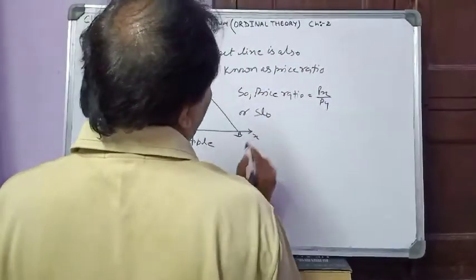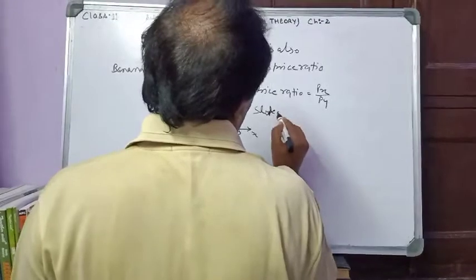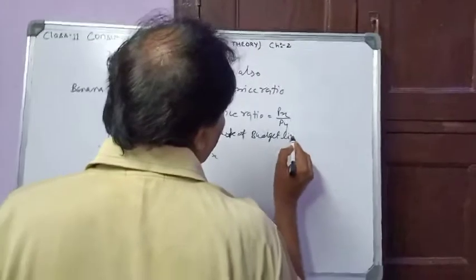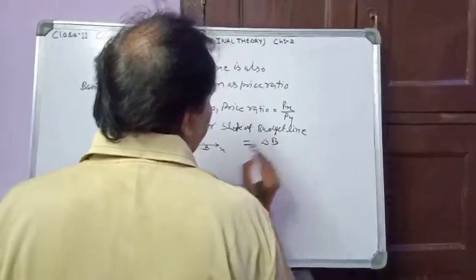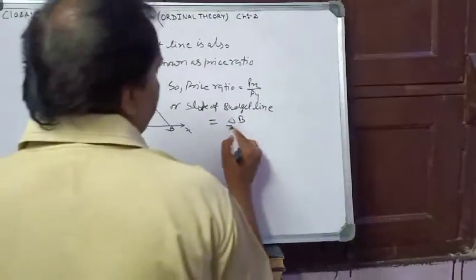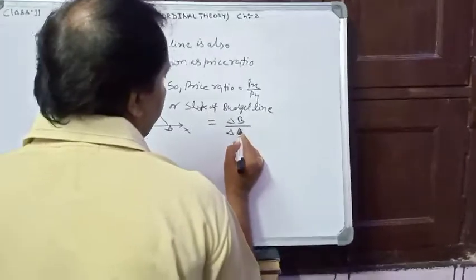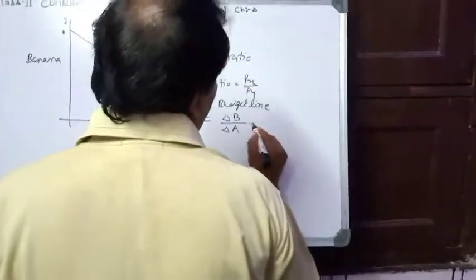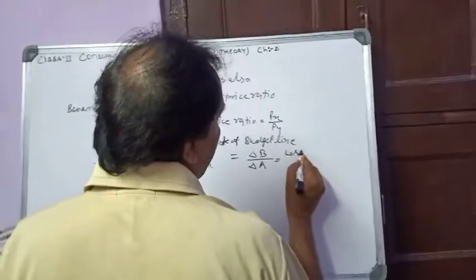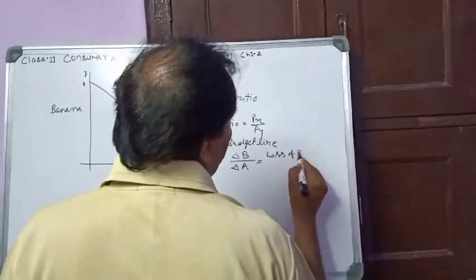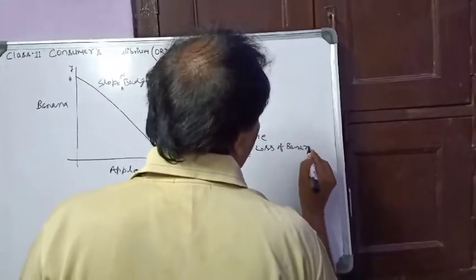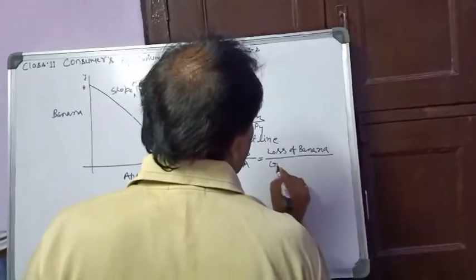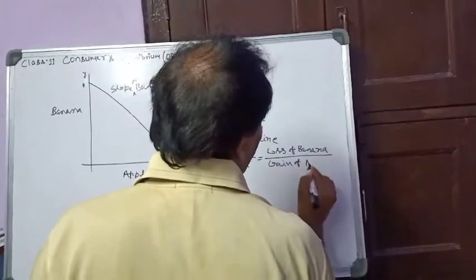So slope of budget line is equal to delta B, meaning the delta banana, divided by delta A, that is the apple. So here we can say loss of banana divided by gain of apple.